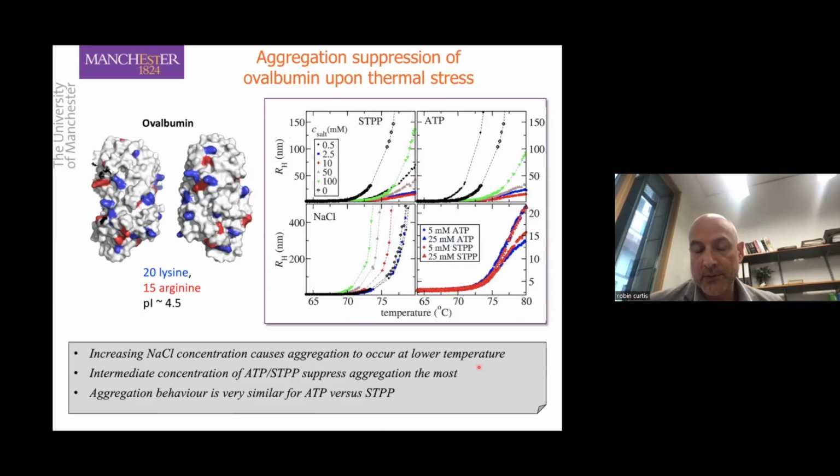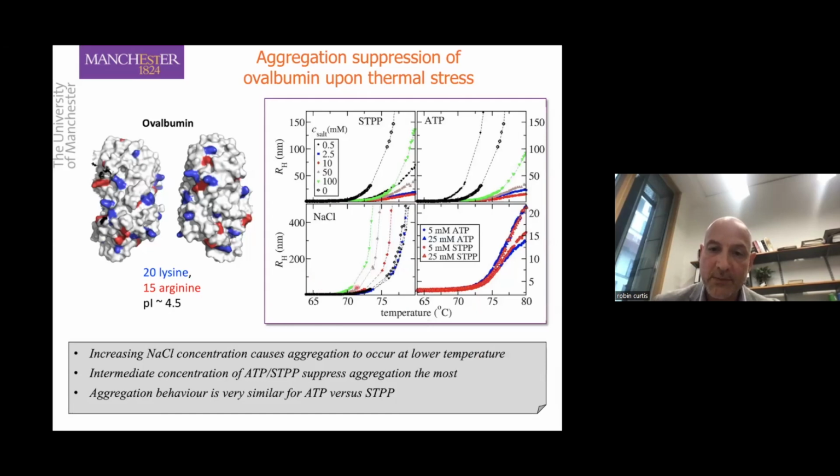And so here we did some aggregation studies. Once again, aggregation is driven by protein unfolding. So to study aggregation on a reasonable time scale, you usually have to heat up the protein solution to a temperature where it begins to unfold, and then it will start to aggregate.